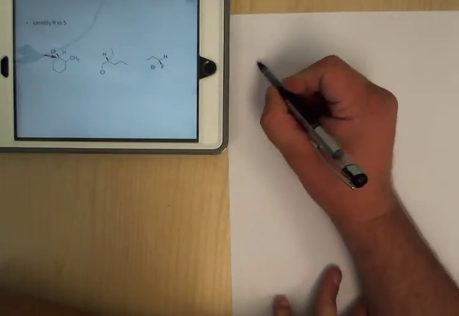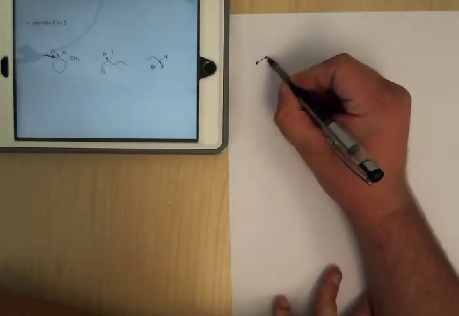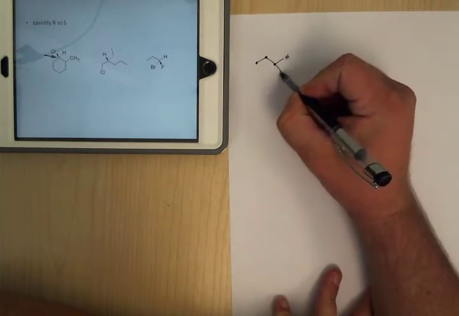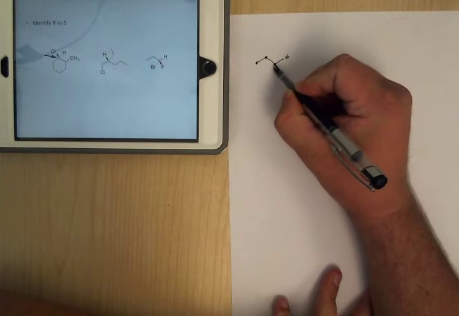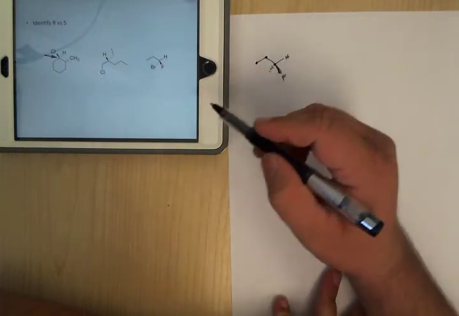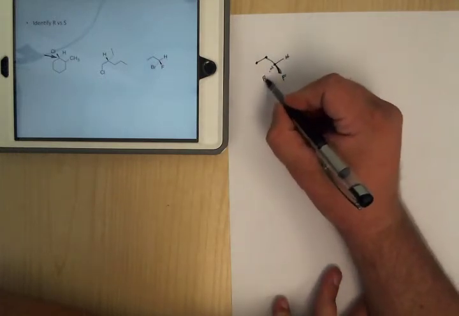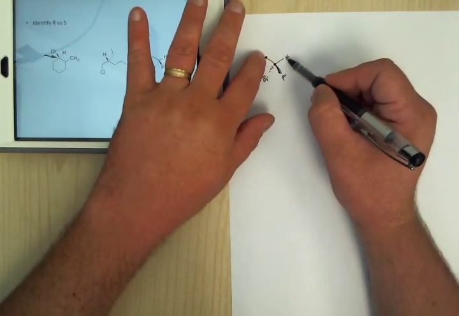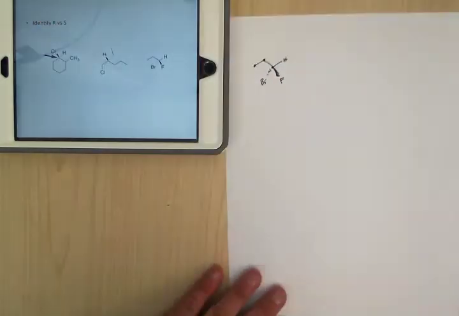Okay, here we go. Don't forget on those, when you're assigning priority, you have to go one step at a time, and as soon as you get a difference, you stop. I forgot to mention that.